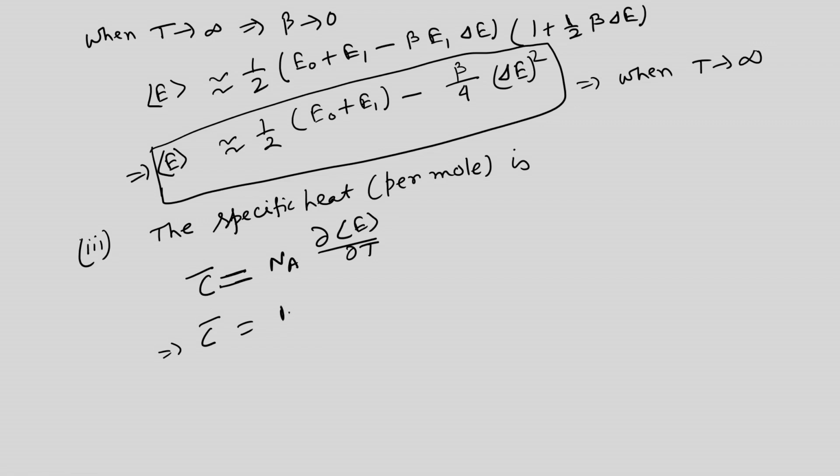So, C bar is Na del E average by del beta times del beta by del T.